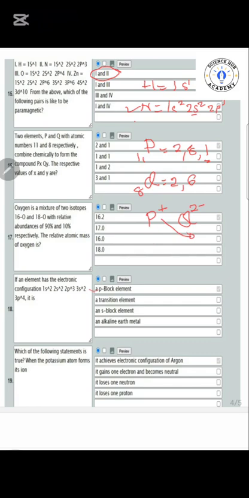So 1 comes down here, 2 comes down here, that will be P2 Q1. So when you compare it to X and Y, the value of X is 2 and the value of Y is 1. So that's option 2 and 1.